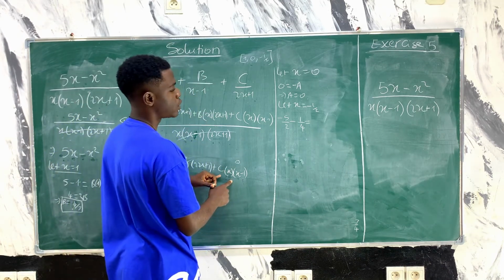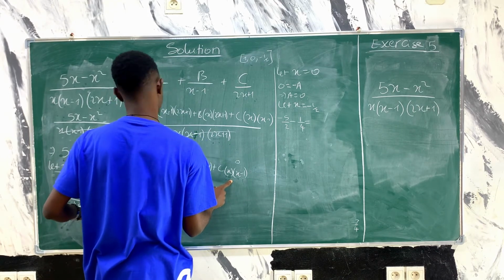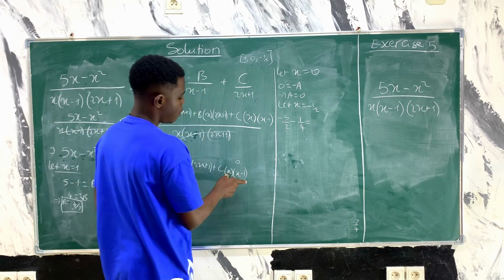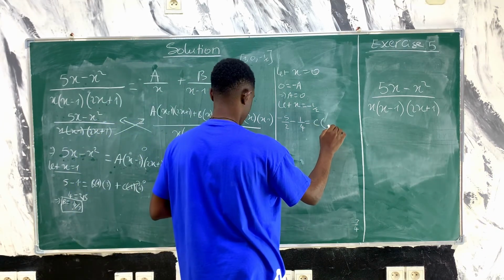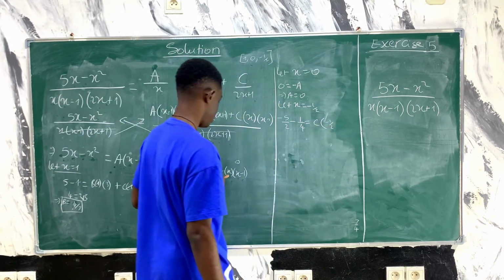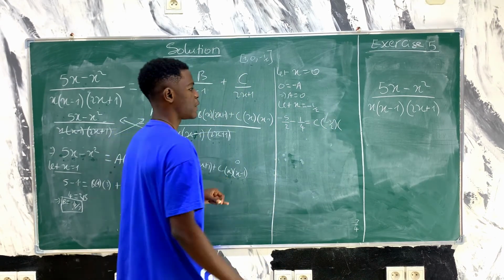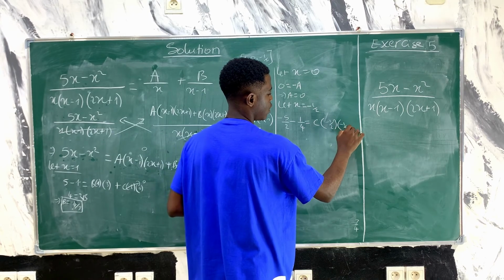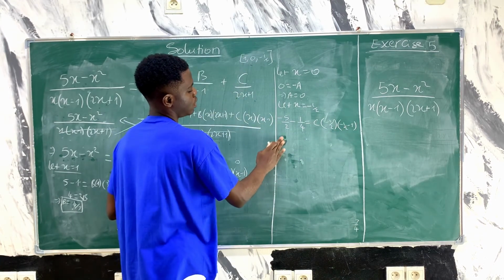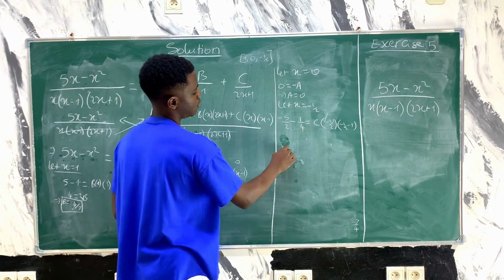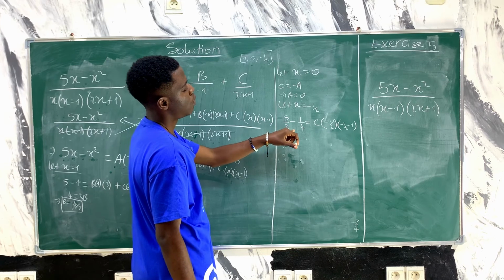So I come here and I put my minus half. So minus half here, I'll have c into minus half into minus half minus 1. So it's equal to, I'll have minus 5 on 2.